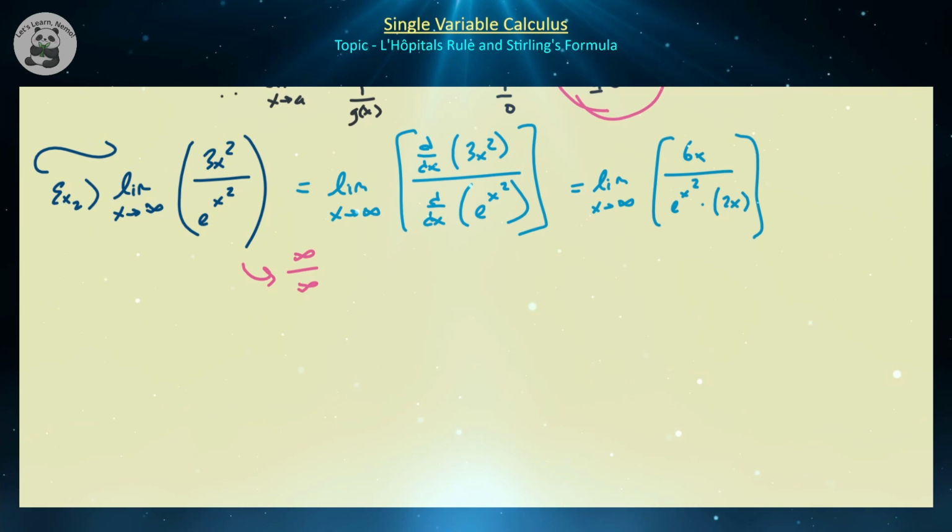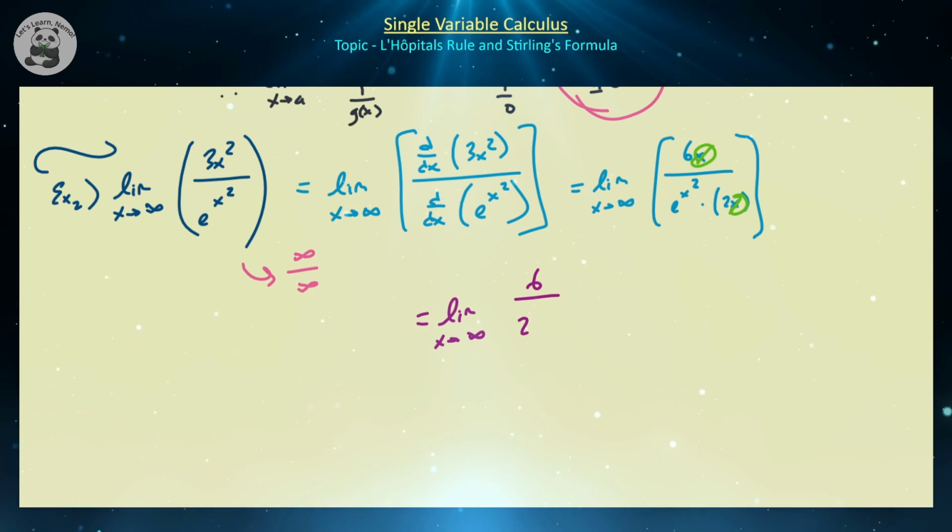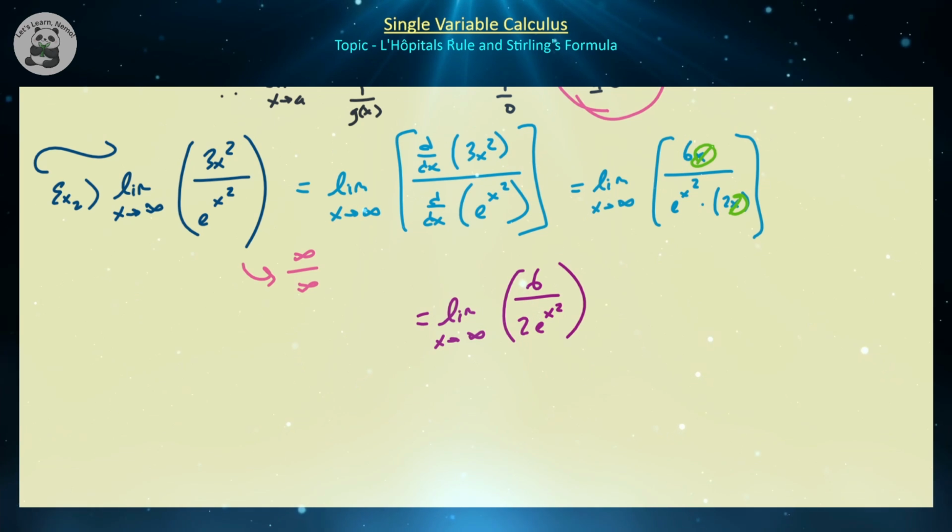Now from here, we can cancel out those x's, i.e. 0 is a removable discontinuity for that function, and then we're going to have the limit as x goes to infinity of 6 divided by 2e to the x squared. We could cancel out that 6 and that 2 and make that a 3 on top, but actually we don't need to, because notice that as x gets close to infinity, the top stays at 6 and the bottom gets very, very large.